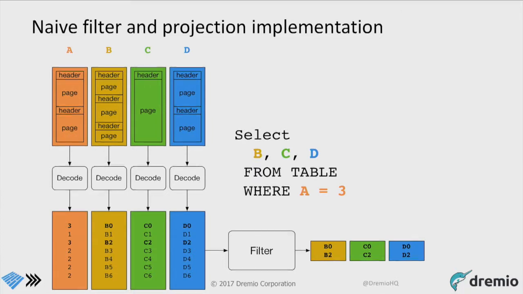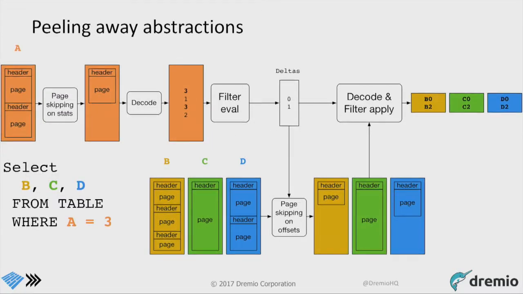But actually, we can do much better because we understand this better. If we again peel away the abstraction, and do more of what some systems call lazy evaluation, you can first evaluate the filter. You can take A, and every one of those headers for each page has stats.